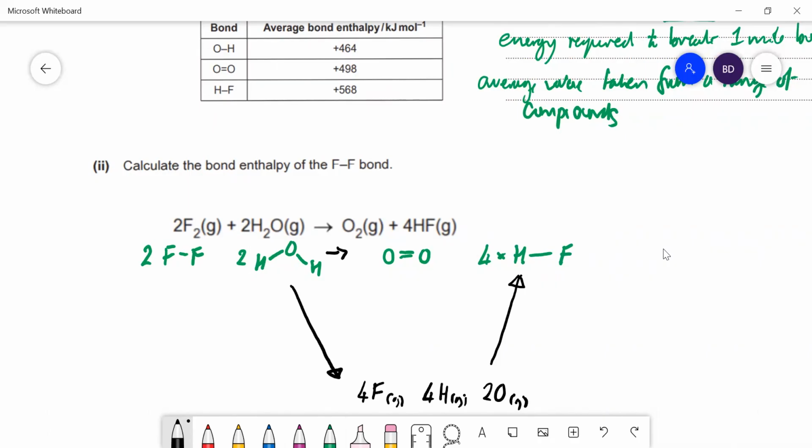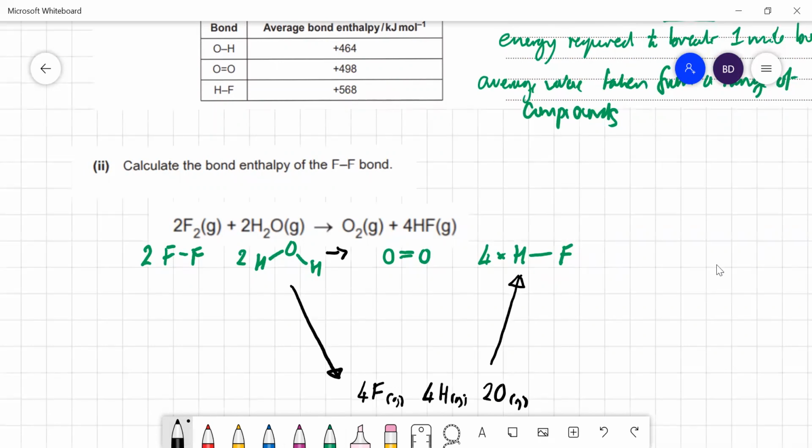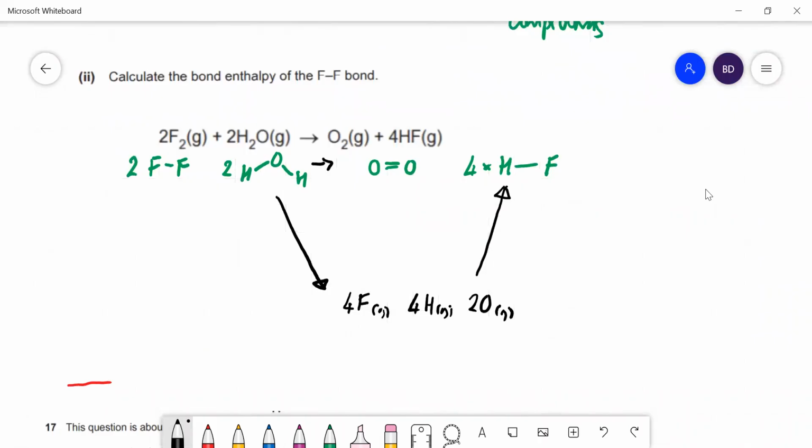So that is going to be 4 times 464. I'll do that in here. 4 times 464 for the hydrogen oxygen bonds, 4 of them, and we don't know what this is, so let's call that 2x. X is the bond enthalpy of the fluorine-fluorine bond, and on this one we're making 4 hydrogen fluoride bonds, so that's 4 times.